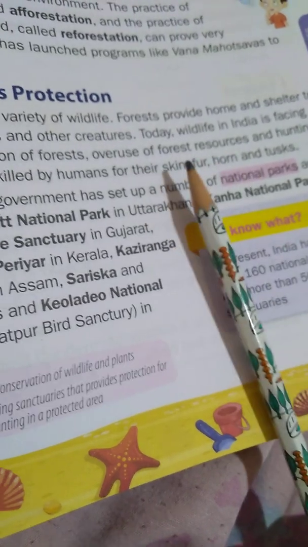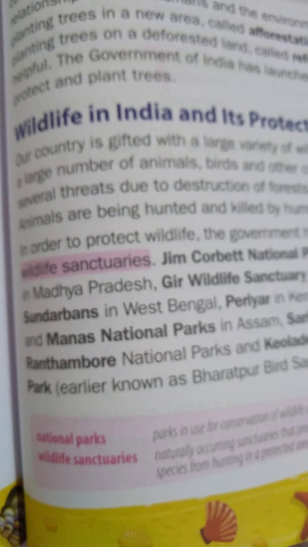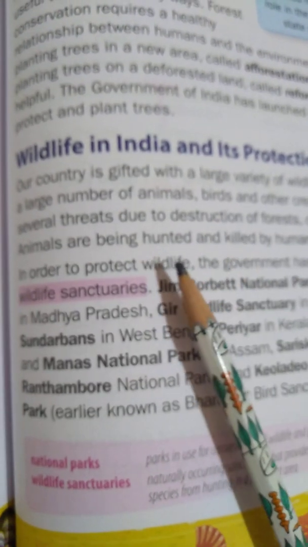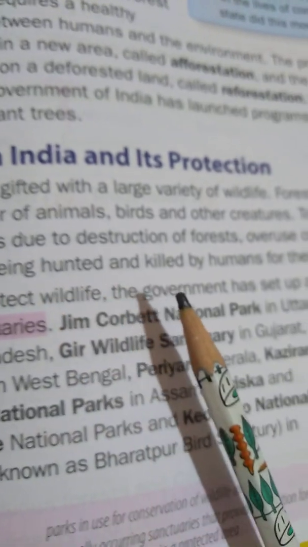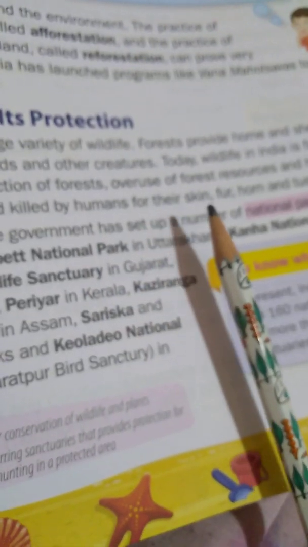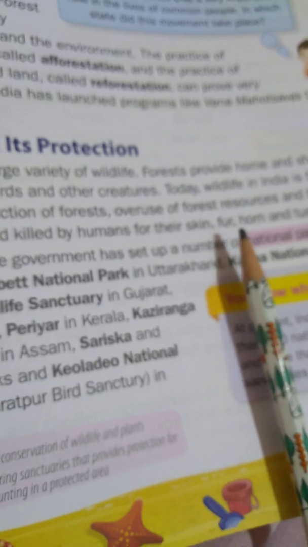In this way, overuse of forest resources and hunting also threaten many wild animals. Animals are being hunted and killed by humans for skin, fur, horn and tusks. So people are hunting animals for their skin, fur, horn and tusk.